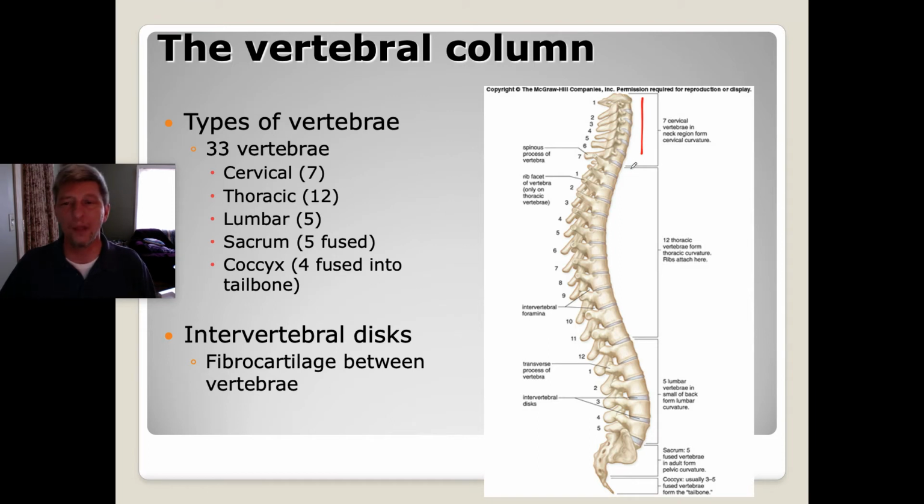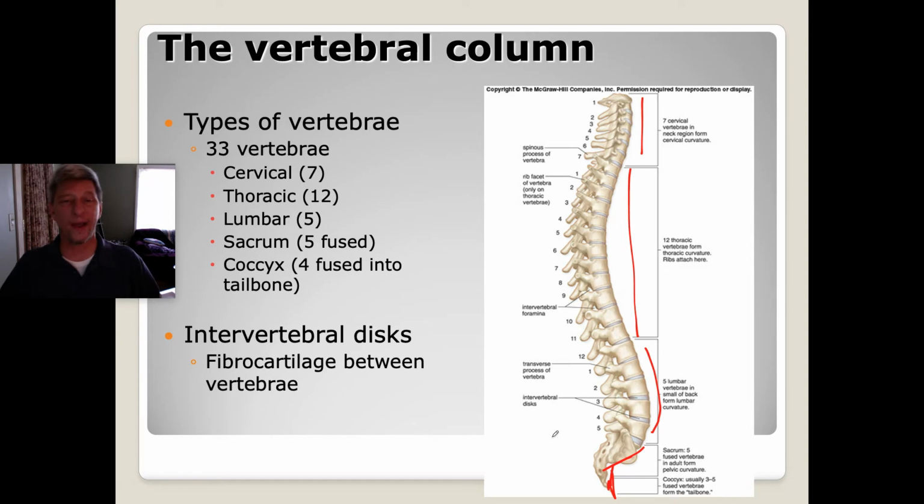The next 12 are the thoracic vertebrae. These are the ones that outline your chest cavity, and they articulate with the ribs. The next 5 are the lumbar vertebrae in your lower back. And then you've got 5 vertebrae that are fused together to form your sacrum, and then 4 vertebrae down here that are fused together to form your tailbone.